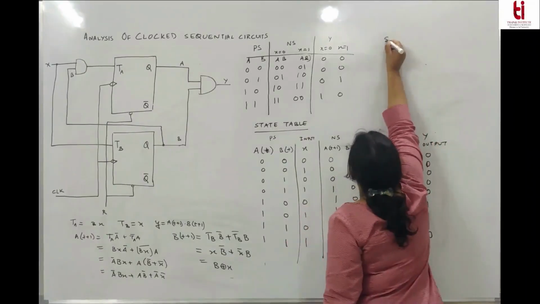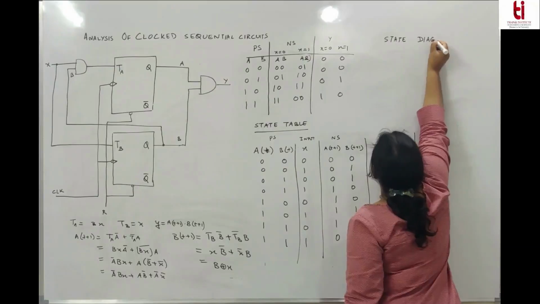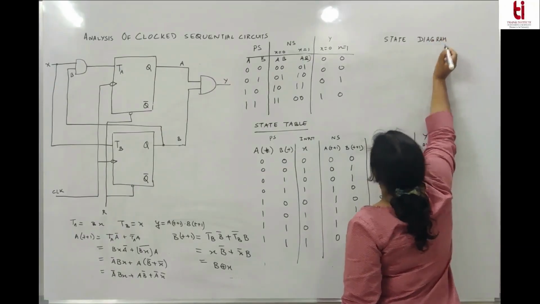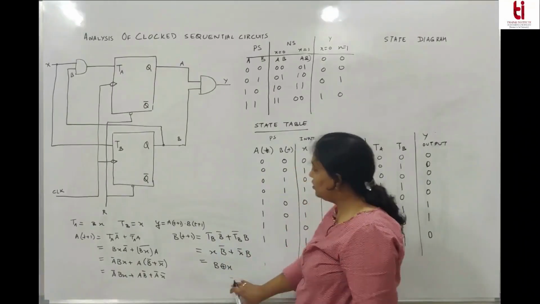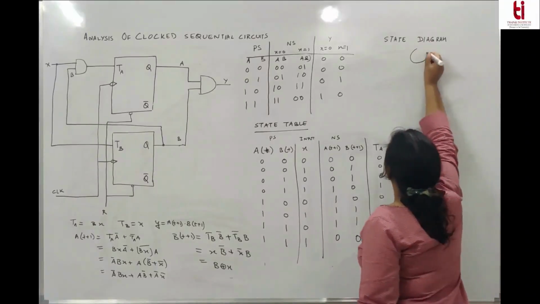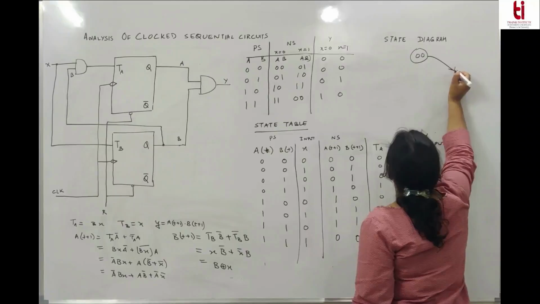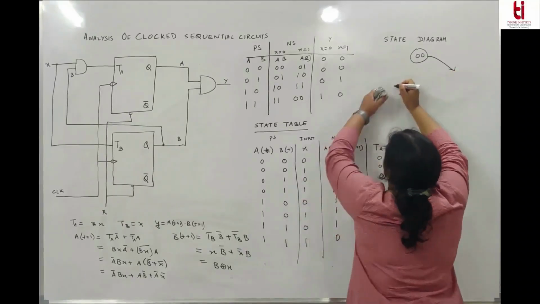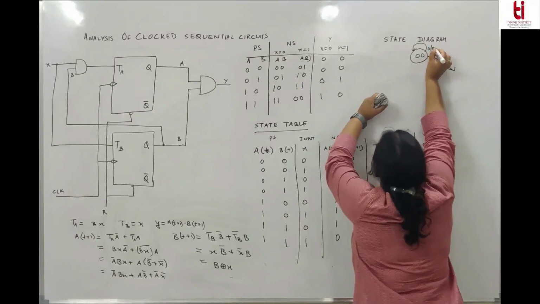What is the state diagram? If you know the equations, you can write the table. If you know the state table, you can draw the state diagram. If x is 0, it stays at 0, 0 and the output is 0.